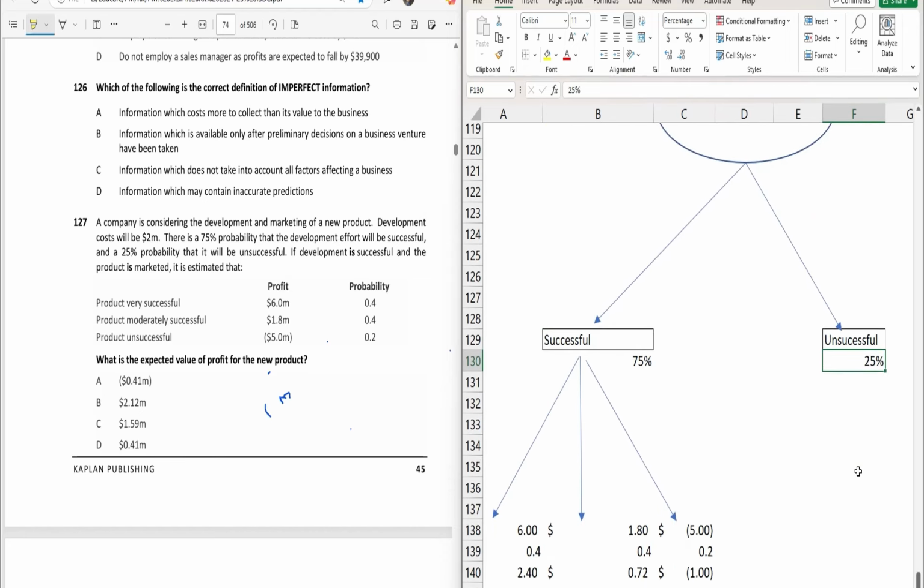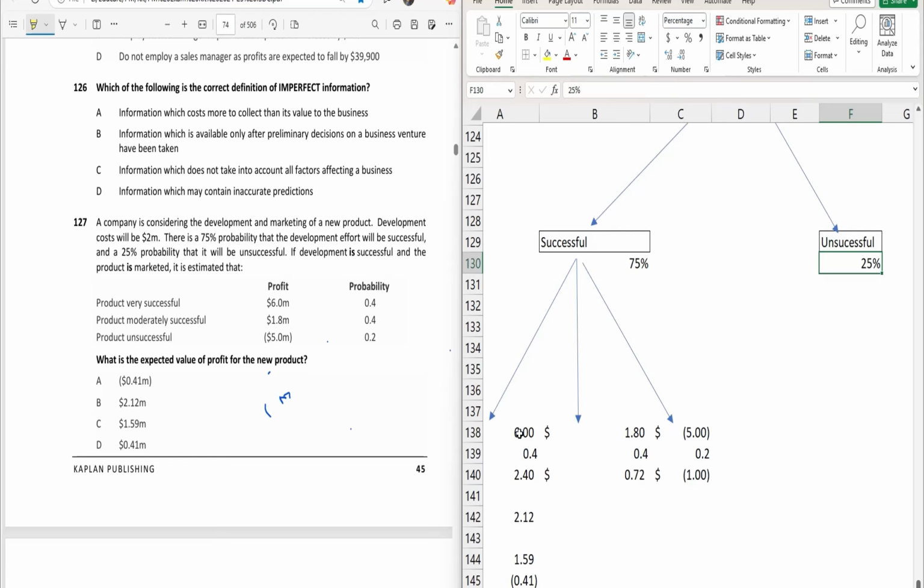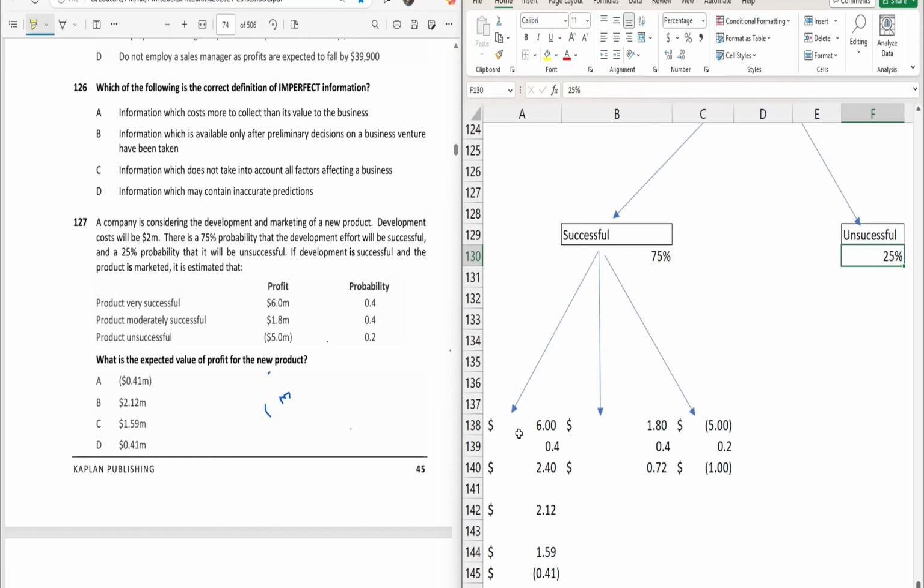Now, if it is successful, again we have three options: very successful, moderately successful, and unsuccessful. Very successful has a profit of 6 million, moderately successful has a profit of 1.8, and unsuccessful has a loss of 5, and they have also provided the probability for each one.